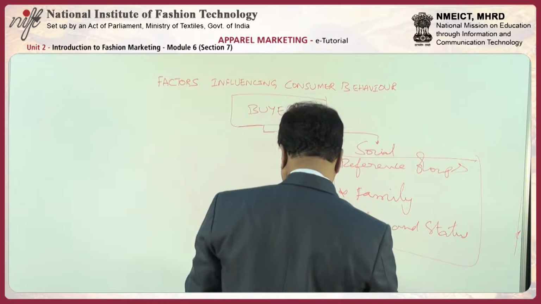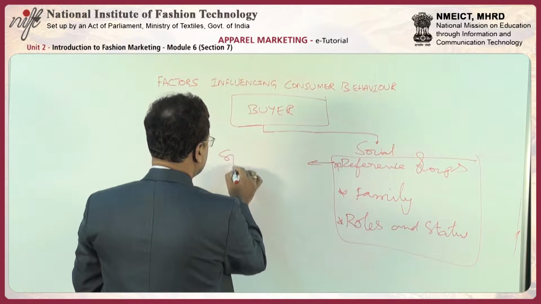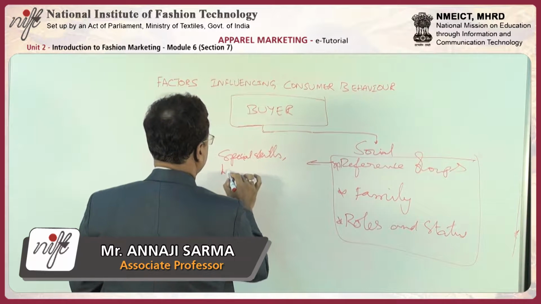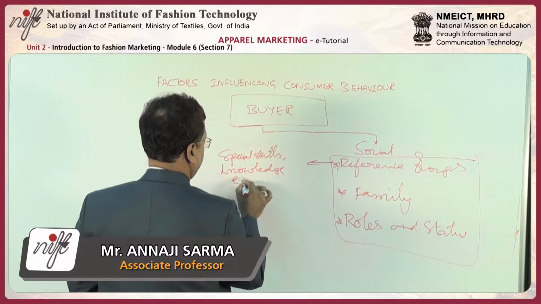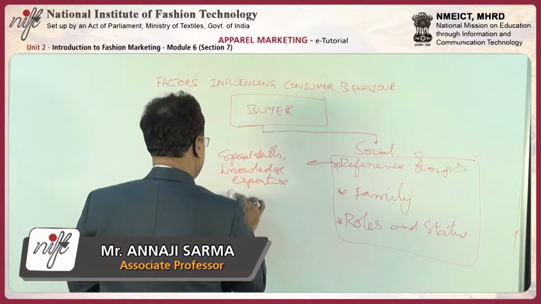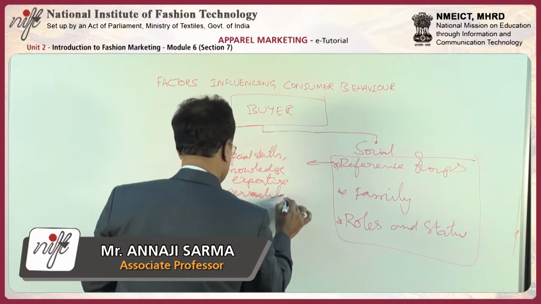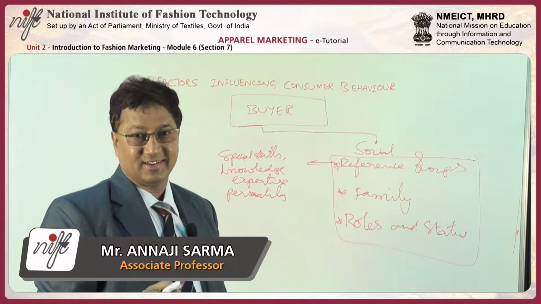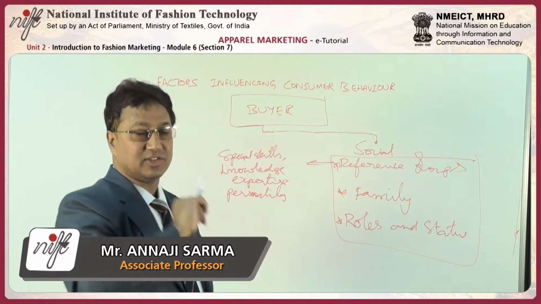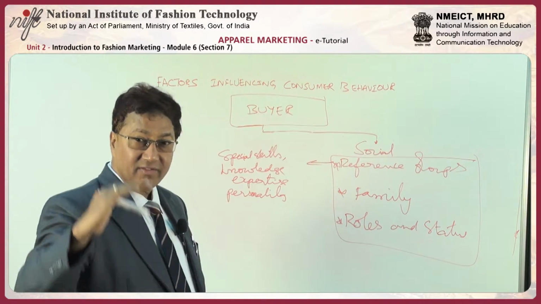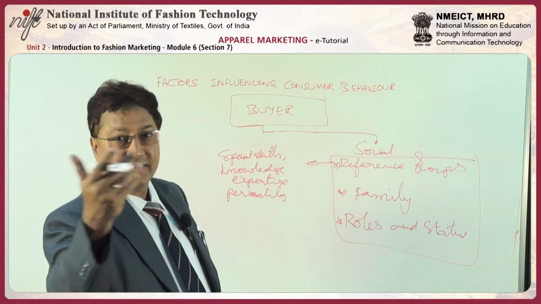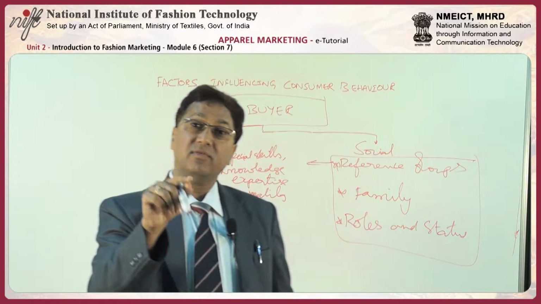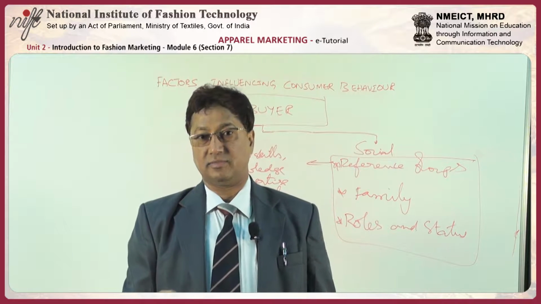The reference groups are groups because of their special skills, knowledge, expertise or personality which exerts social influence on the people. These are called reference groups. So, these are the people whom normally we compare or take their influence by virtue of their special skills, knowledge, expertise and personality, and these are the people who influence social systems.